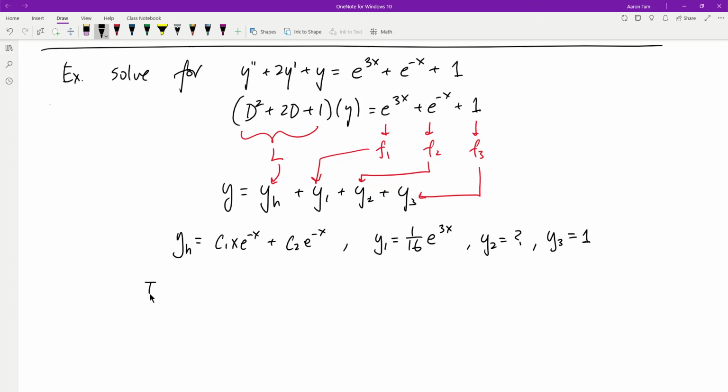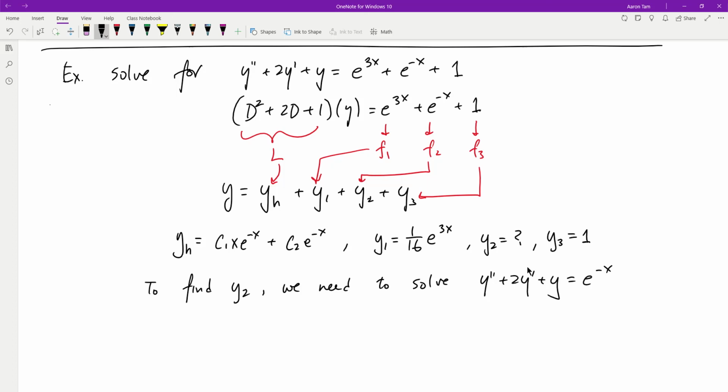So to find y2, we need to solve the equation y double prime plus 2y prime plus y equal to e to negative x.